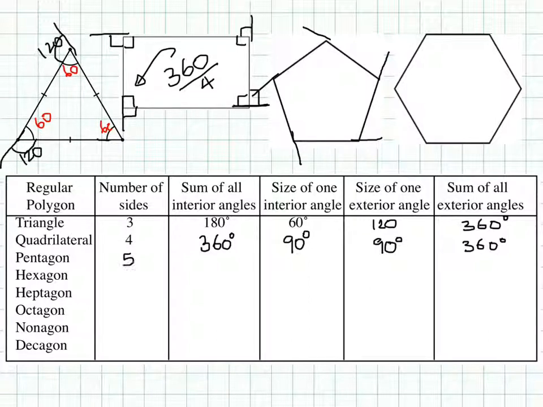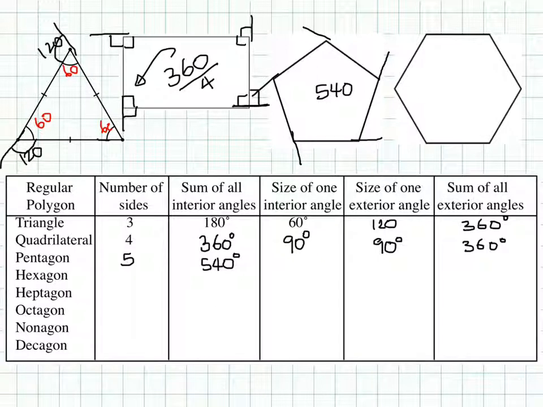It's got 5 sides. And because I know it's got 3 triangles in it, I know that this is going to be 540 degrees. If I add up all the angles in my pentagon, it's going to be 540 degrees.